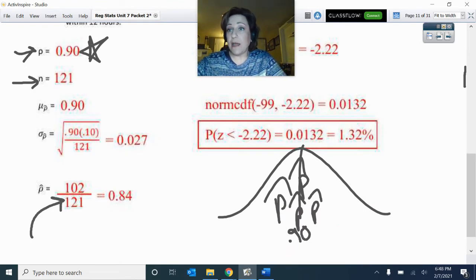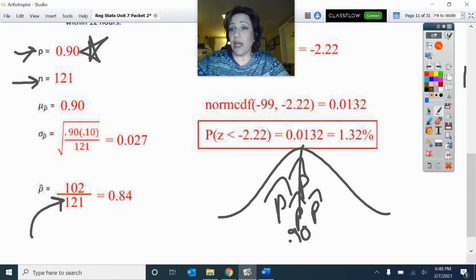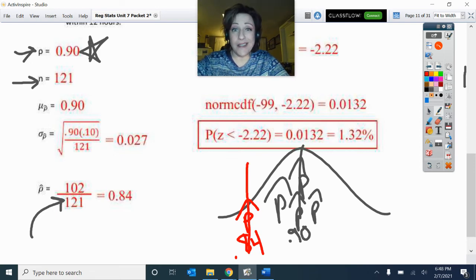So what that's telling me, and I'm going to do that in a different color, is I'm going to show you that they got this sample result right here, which had just 84% of the orders shipped within 12 hours. And so they're thinking, well, how far away is that?